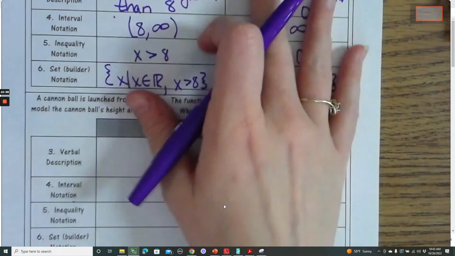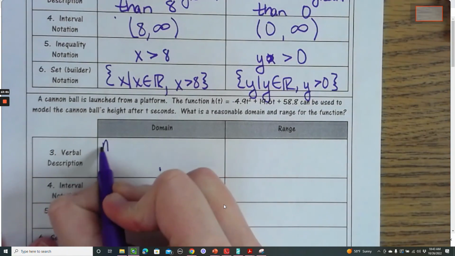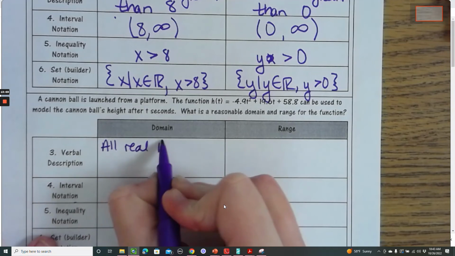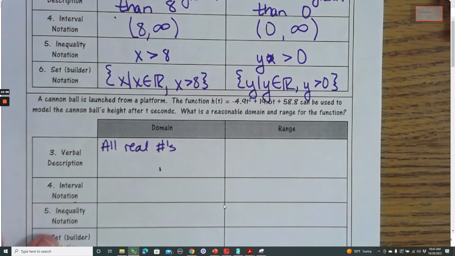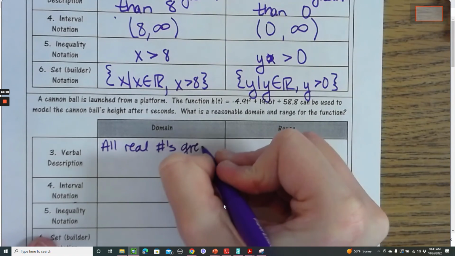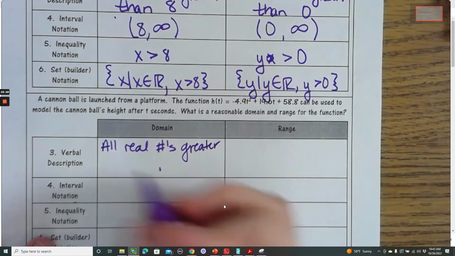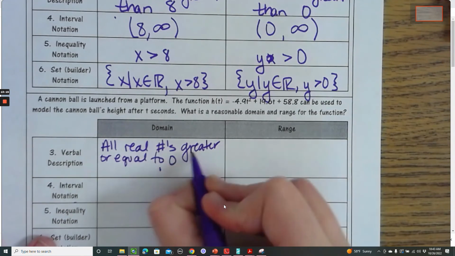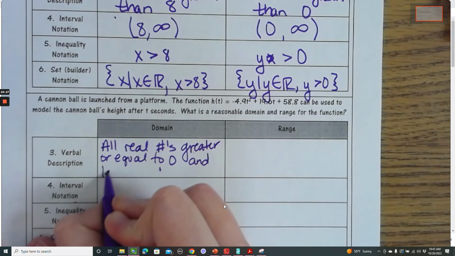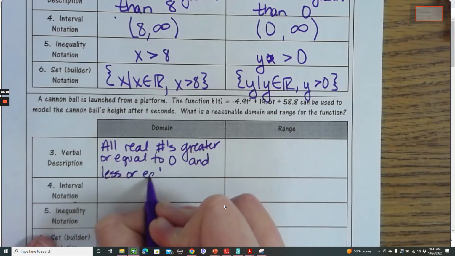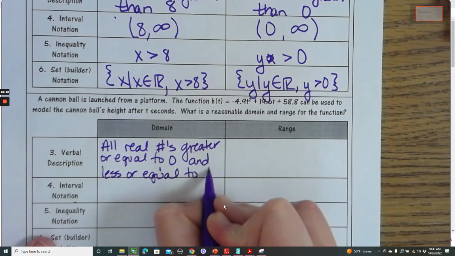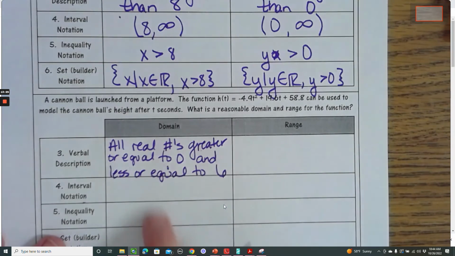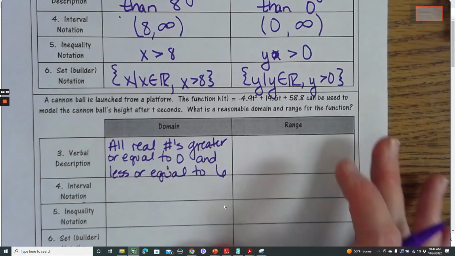So in words, all real numbers greater than or equal to 0 and less than or equal to 6. Your job is going to be to write that in the different forms. Greater than or equal to 0, less than or equal to 6.